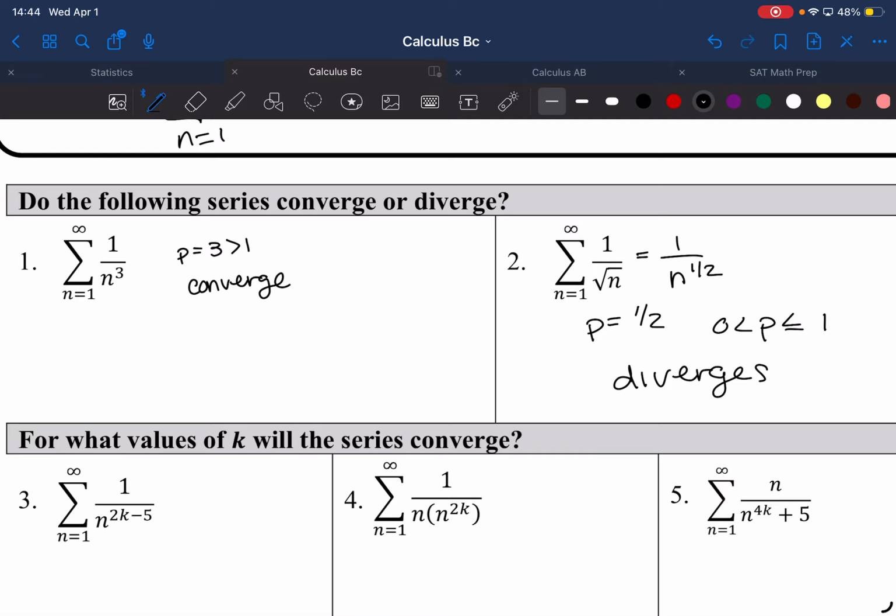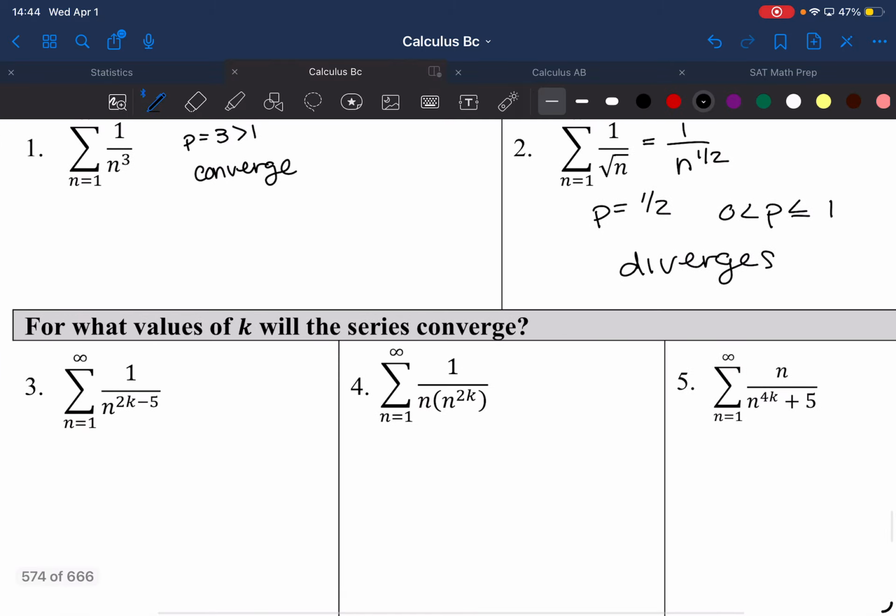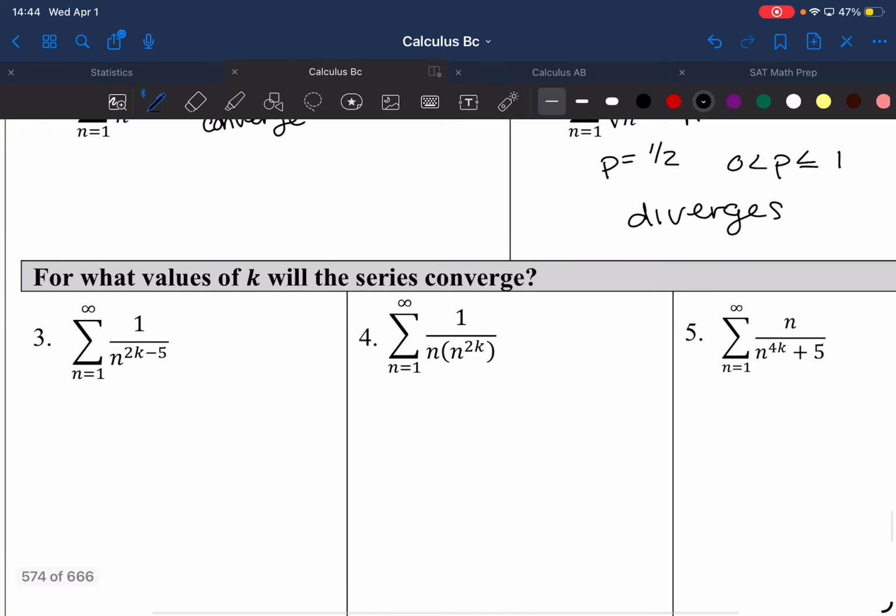Okay, the other type of problems here, number 3 through 5, is saying what values of K will the series converge? So notice they don't directly give you a P value. You're going to either have to identify it in the problem or manipulate the problem to find the P value. Well, it wants the values of K to create this series that converges.